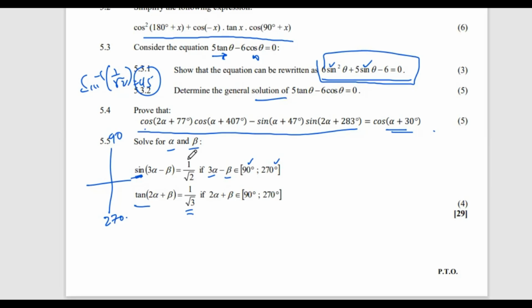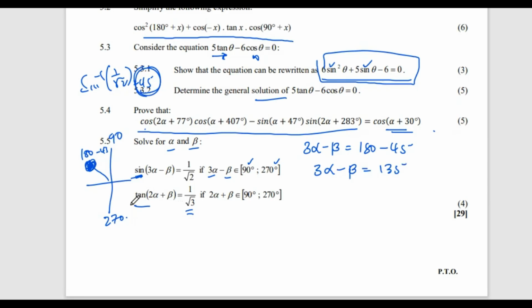We're seeing the sine to be positive here, the ratio to be positive, which means it's going to be in this second quadrant. And in this second quadrant, it's 180 minus. So I'm going to say 180 minus 45. So we can say that 3 alpha minus beta is equal to 180 minus 45. Remember, first step was to get the reference angle. When you subtract that, 3 alpha minus beta will give us 135.